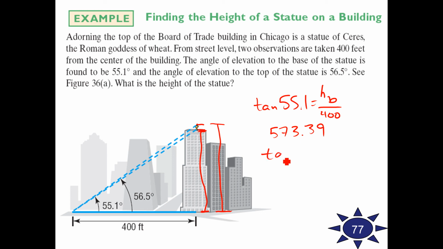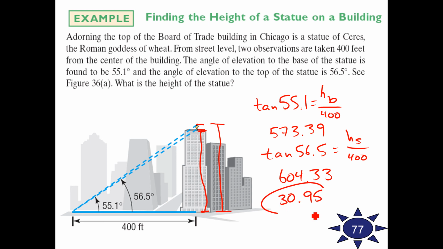Let's try tangent of 56.5 equals the height all the way to the top of the statue over 400. I plugged that in as well, and you get 604.33 feet. If you subtract those from each other, you end up with 30.95. That's the exact value if you keep all the decimal places in your calculator.